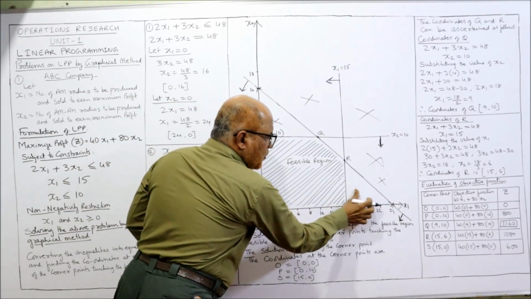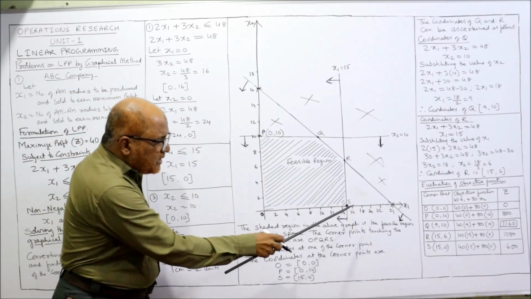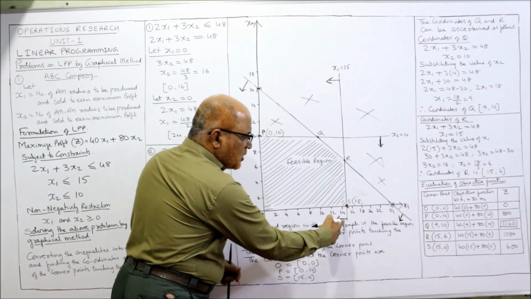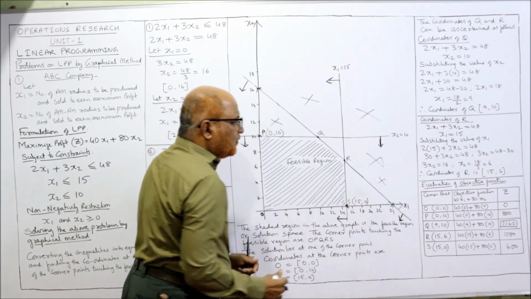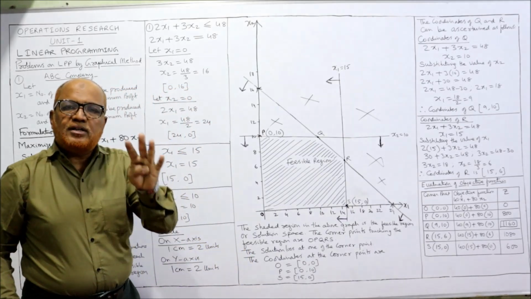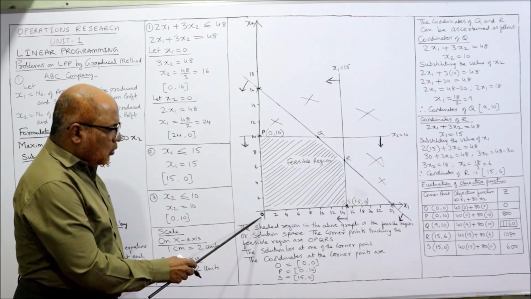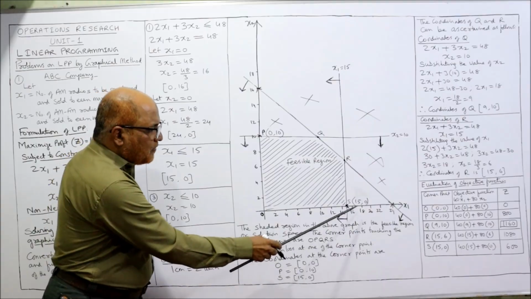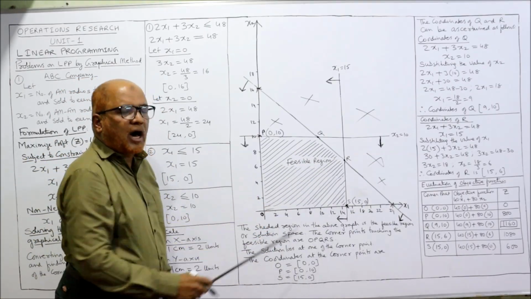And S is the corner point where x1 is equal to 15 and x2 is equal to 0. So 15, 0. So three corner points directly by observation: O is 0, 0, P is 0, 10, and S is 15, 0. The other two points are Q and R.